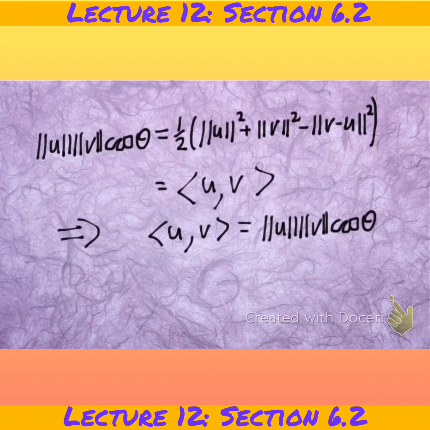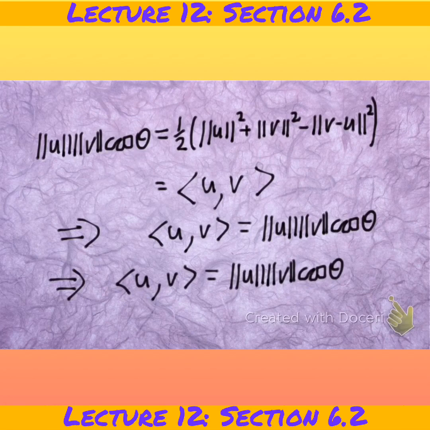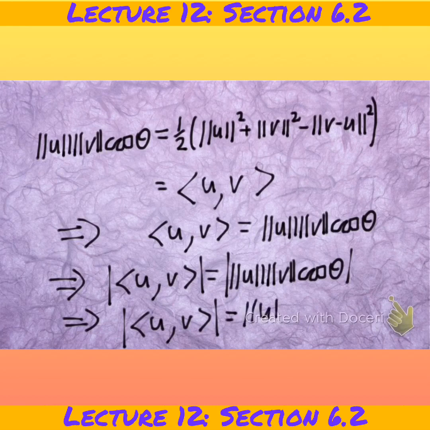Okay, now just a note, from there you can also say that because this is true, we have that the absolute value of that is the same as the absolute value of that, and because the norm is always positive, it means that the absolute value of it is going to be the same as the norm of u multiplied by the norm of v multiplied by the absolute value of cos theta.